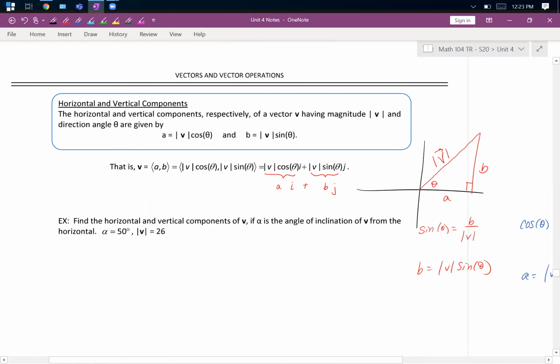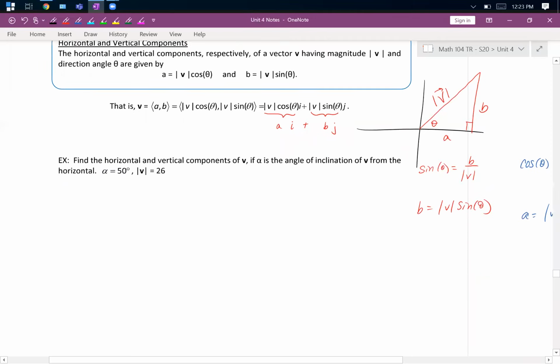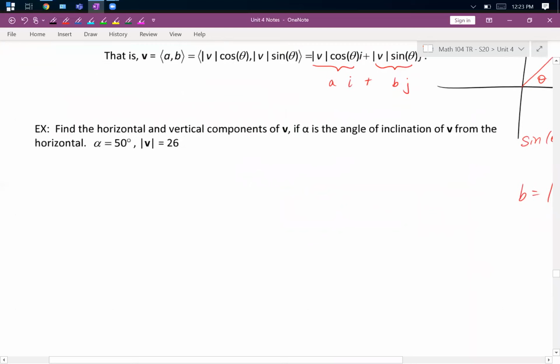All right, we're going to use these formulas here. A equals the magnitude of v times cosine of theta, and B equals the magnitude of v times sine of theta, to find the horizontal and vertical components of a vector v given an angle of inclination alpha from the horizontal. So again, don't make this hard. They give us our angle, they give us our magnitude.